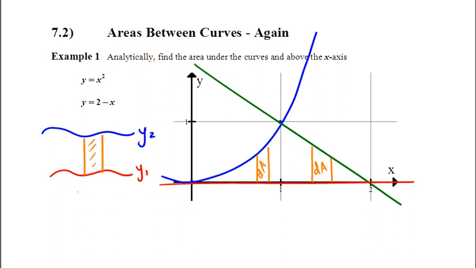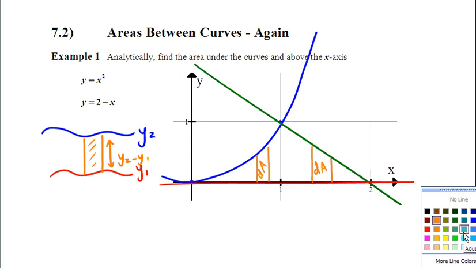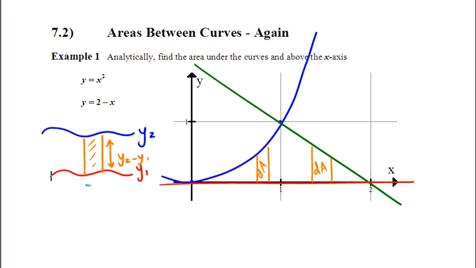If we think about how tall those rectangles are, their height is just y2 minus y1. Now, their thickness going across is going to be some small little change in the x value as you work your way along the x-axis. So we would call that dx.